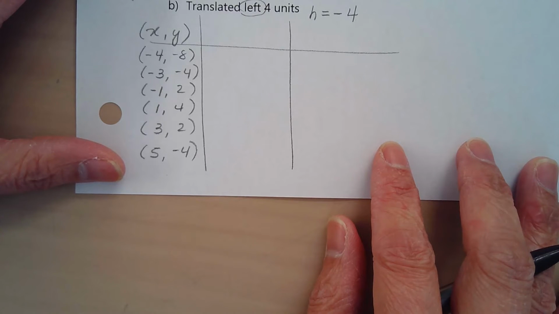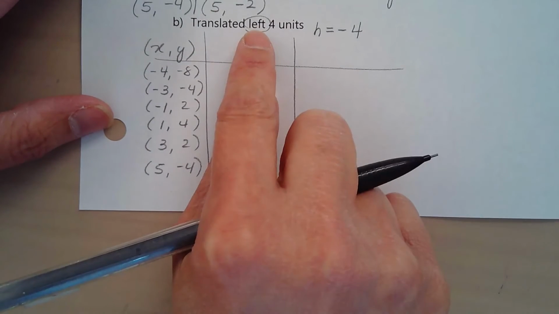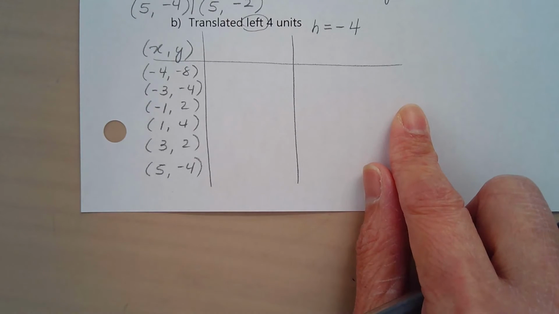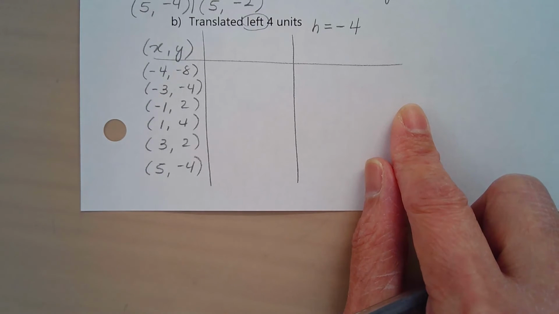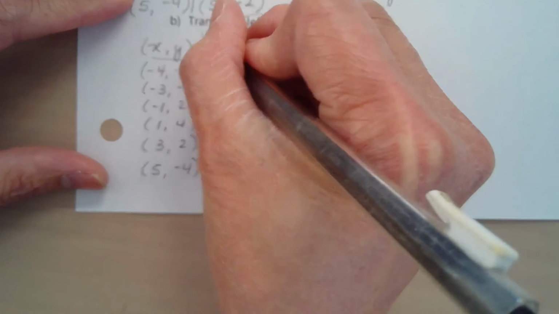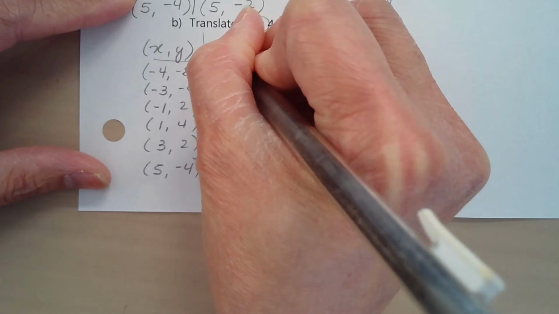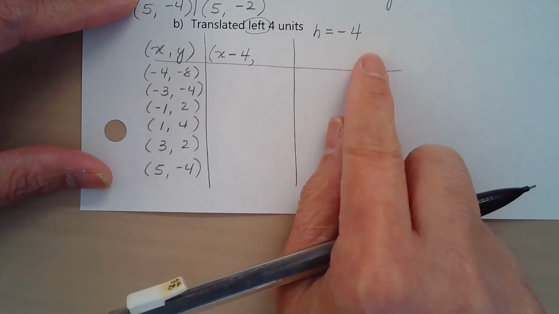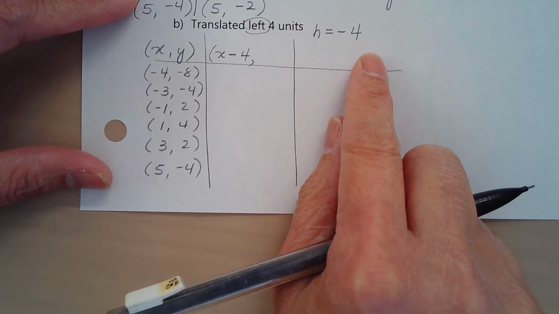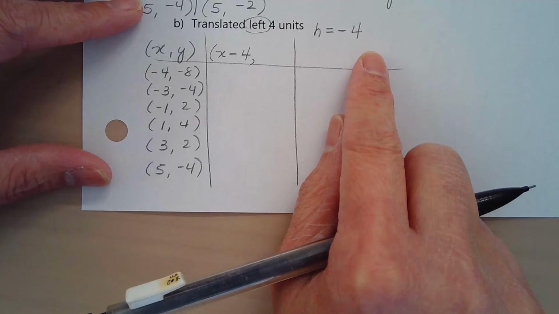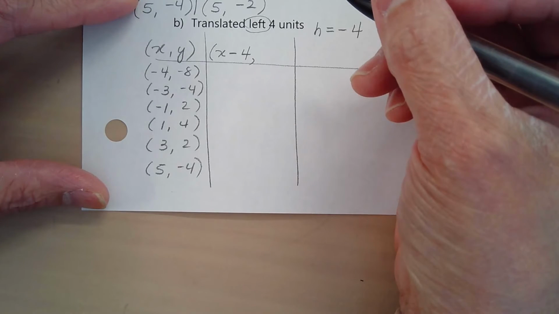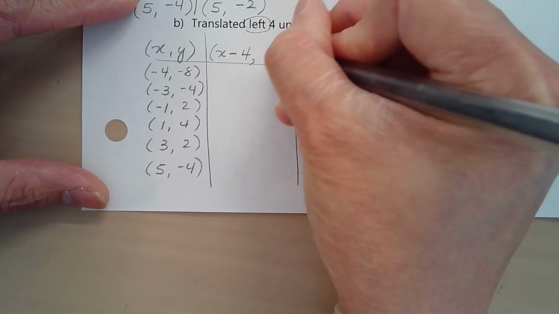Okay, good. Because it's going to the left, which variable is it going to affect? Is it the x variable or the y variable? It's the x variable. It's going to be x minus 4. Okay, don't think about the equation yet. x minus 4. What about the y? y would stay the same.